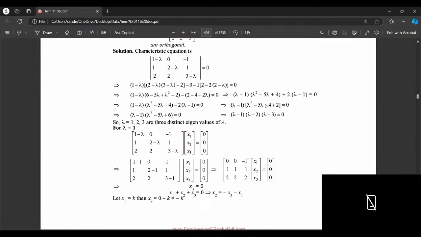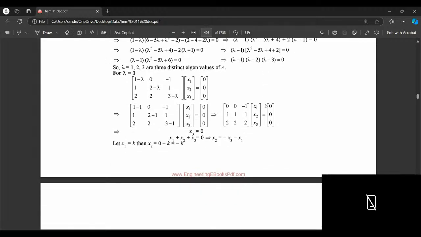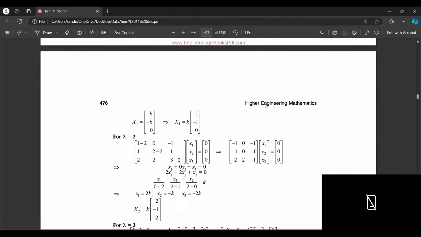It means your first eigenvector x1 equal to k, minus k, 0, or you can take k outside: 1, minus 1, 0. So the first eigenvector x1 equal to 1, minus 1, 0.